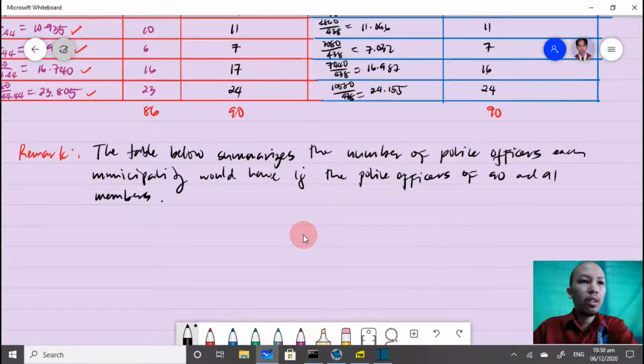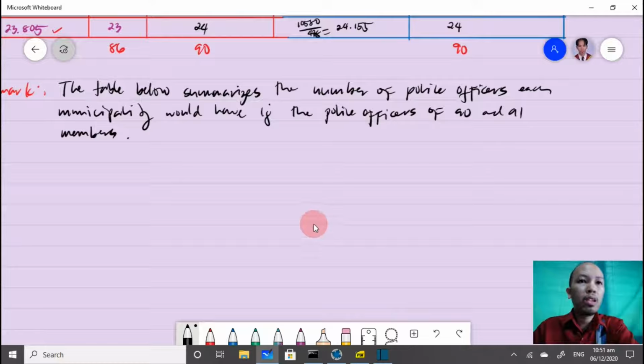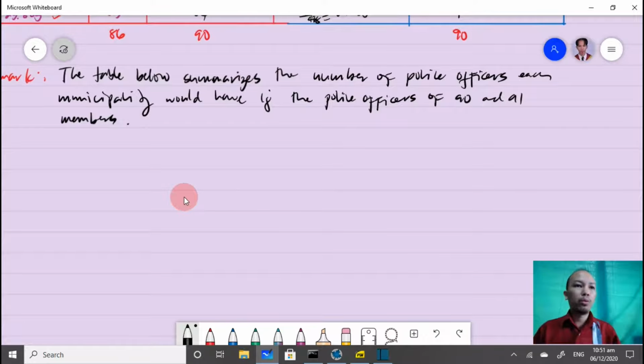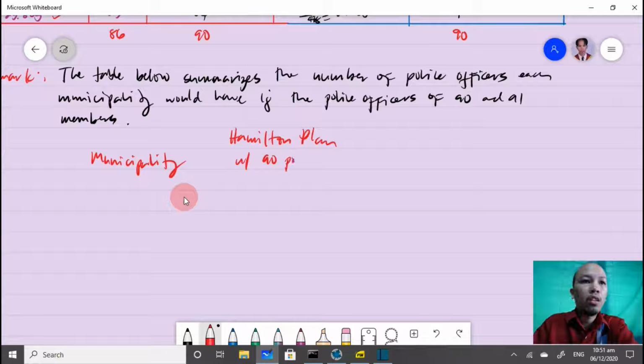When I try to add one more police officer, let's say for example the province of Bukidnon wants to add one more officer, as you have noticed in this table, which I want to fast forward later. Let's write here: municipality, then the Jefferson-Hamilton plan with 90 police officers.